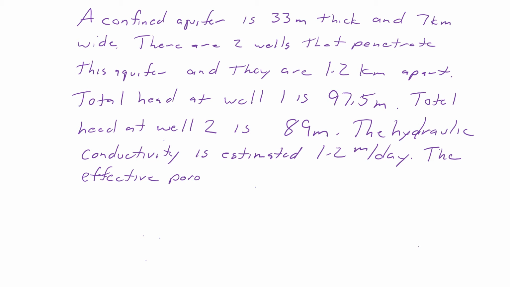Effective porosity is the pore space where water can actually travel through, because some pores don't connect to other pores. So some of your pores might be there, but they're not effective in terms of how water can move through. So for this case, the effective porosity is estimated at, let's say, 5%.